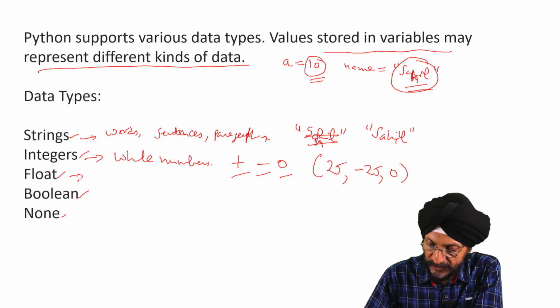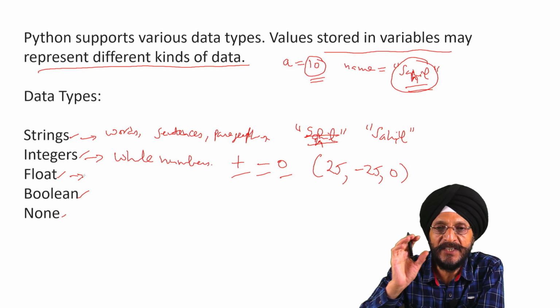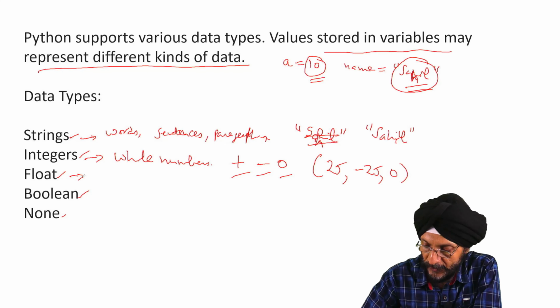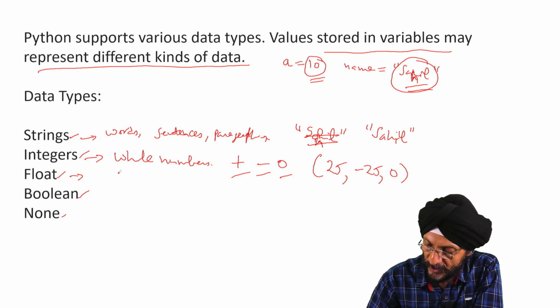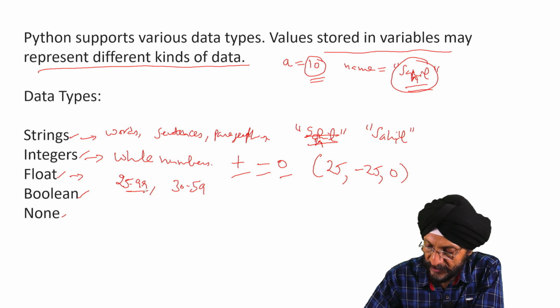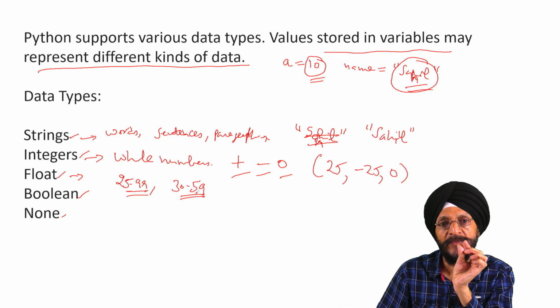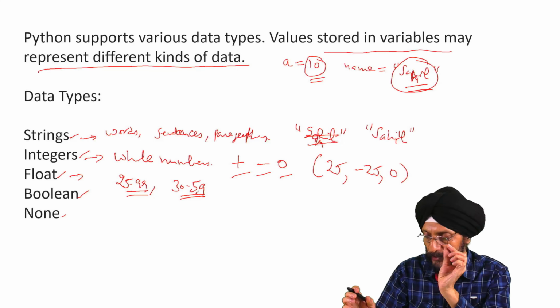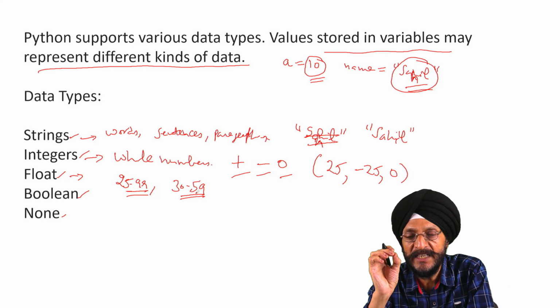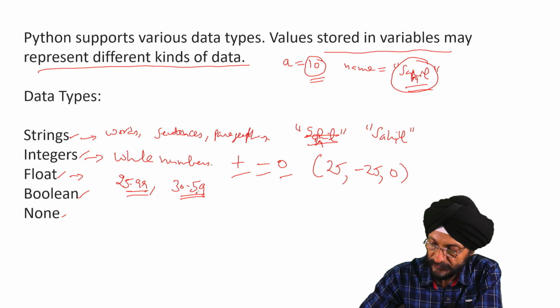Here float means those numbers which have a decimal in between. For example, if we write 25.99, 30.59, so here these are floating numbers. The value is floating. There is a decimal point in between.